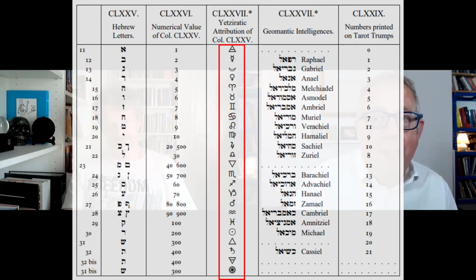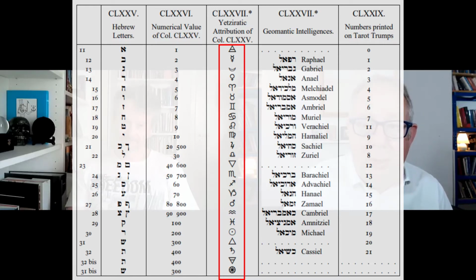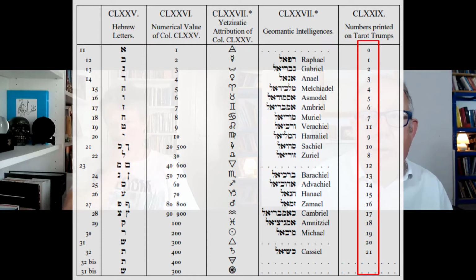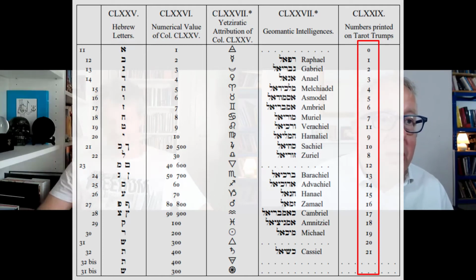Now, the Yetziratic attribution is astrology: the Sun, the Moon, Aries, and all these things. They also include the elements, earth, air, fire, and water, and spirit, because we had 32 bis and 31 bis as well. And then on the far column, we have the numbers printed on the tarot trumps, from 0 to 21. You have a similar chart in the Book of Thoth.